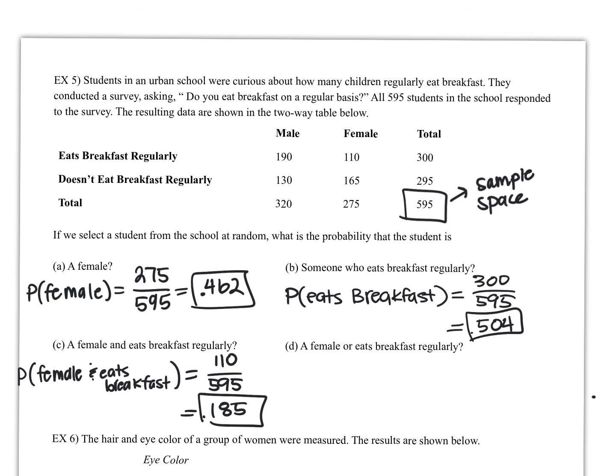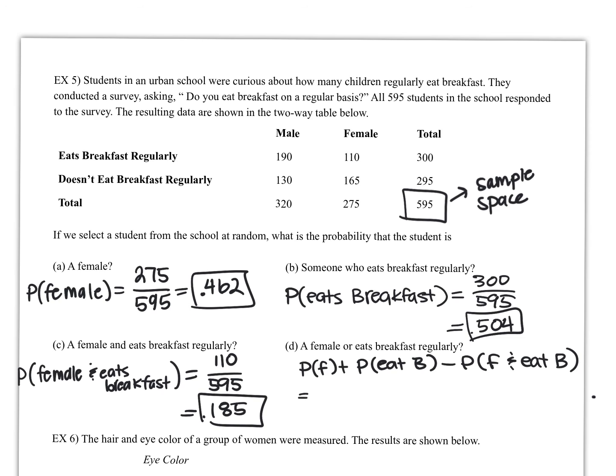Next, we're looking at a female or eats breakfast regularly. So key difference here is the or. Now, we know that you can be a female who eats breakfast regularly, so it's not mutually exclusive. So we're going to do the probability of female plus the probability you eat breakfast minus the probability you are a female and eat breakfast.